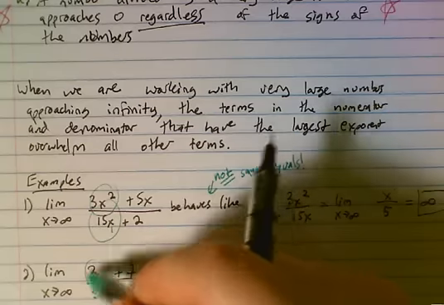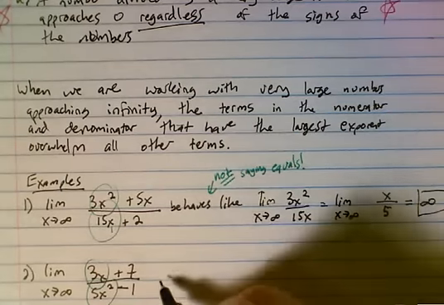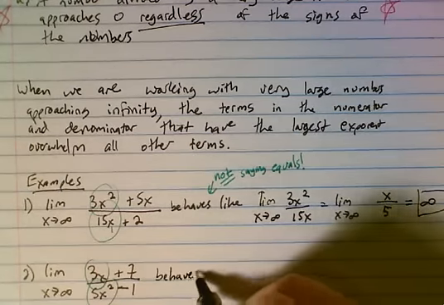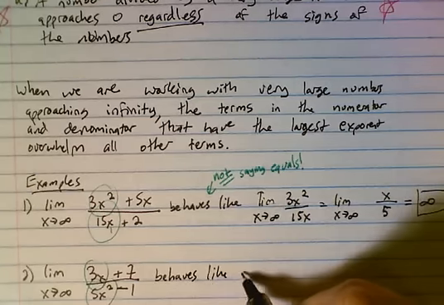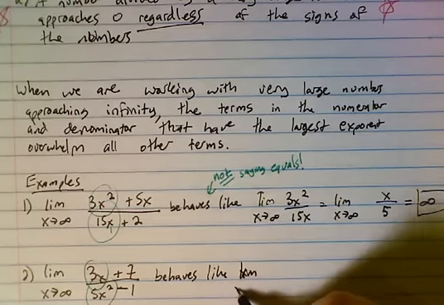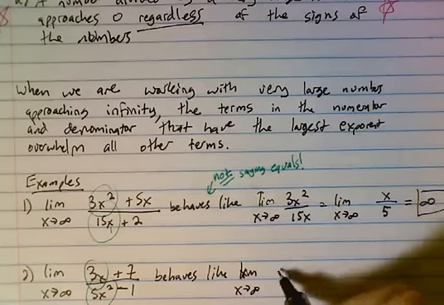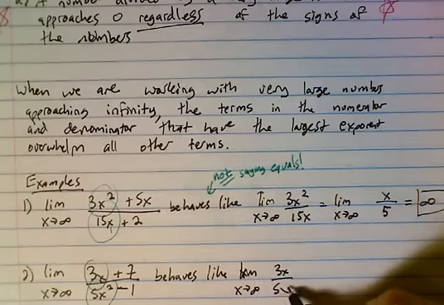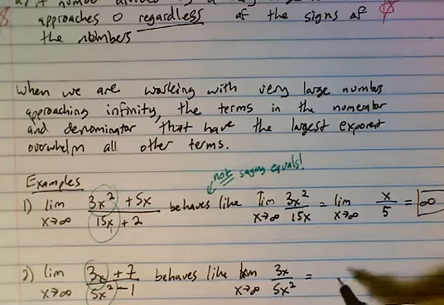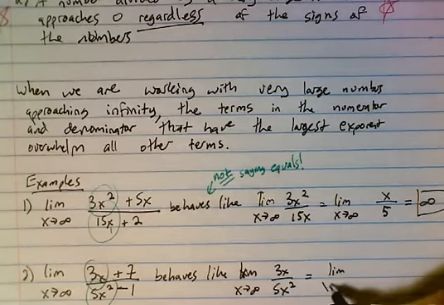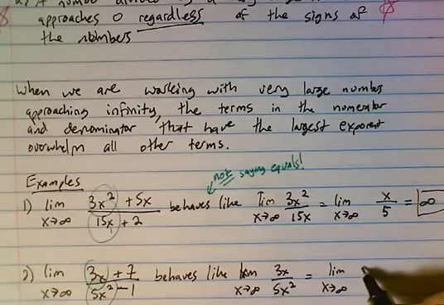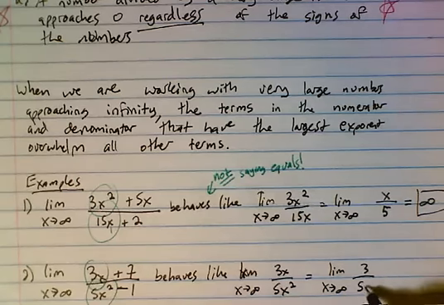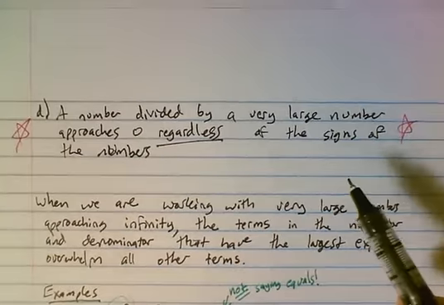So for this one, we find the biggest exponents in the numerator and denominator, so they overwhelm everything else. So this behaves like the limit as x approaches infinity of 3x over 5x squared. So those x's would cancel out, so that would be the limit as x approaches infinity of 3 over 5x. Now, look back at what we were saying here.